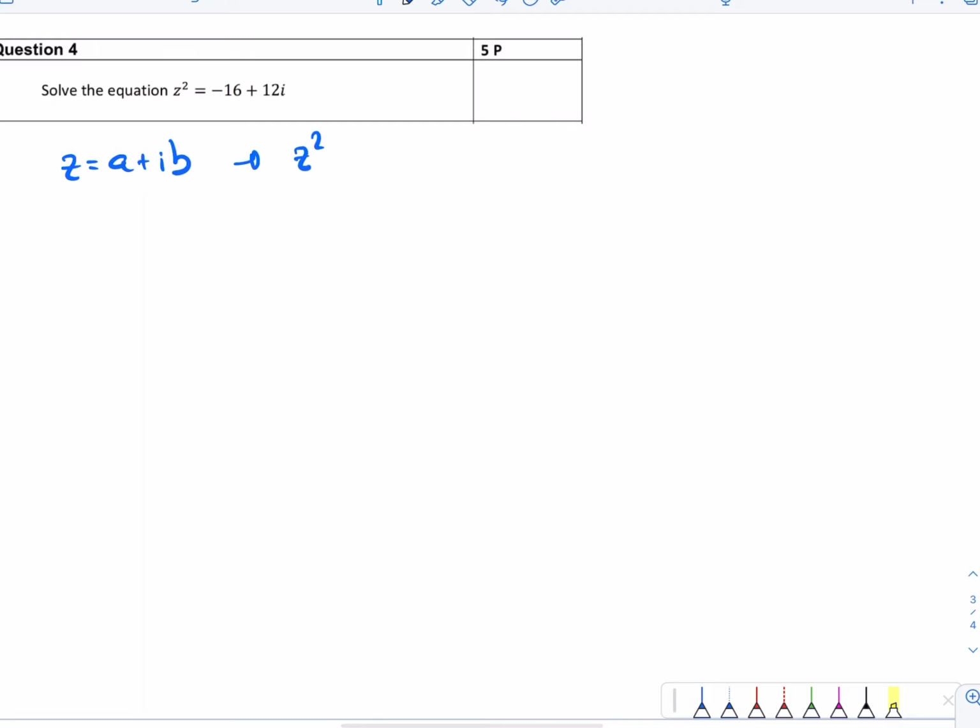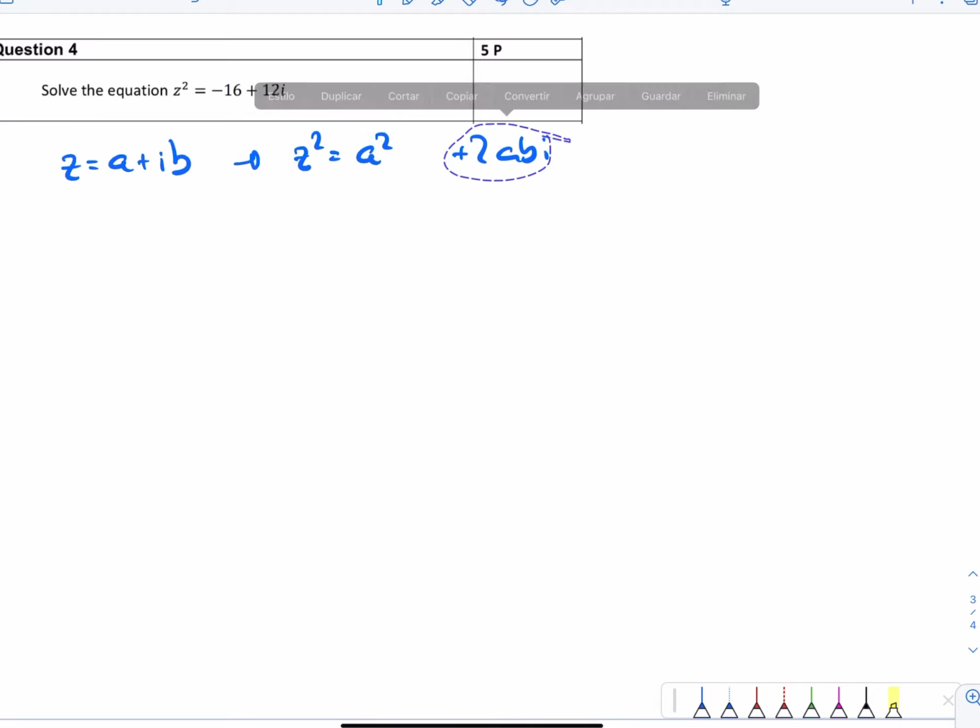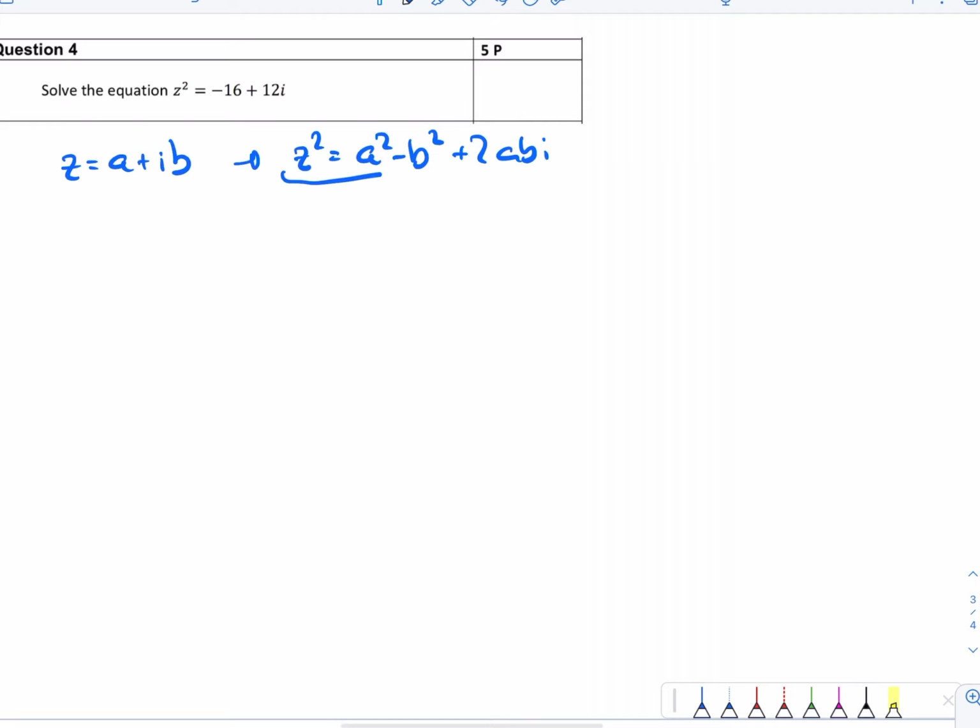Then z squared is a plus ib times a plus ib, which means a squared plus 2abi. Then we need to do plus ib squared. Plus ib squared is going to be plus i squared times b squared, so minus b squared. Good. Once we've got this structure, we need to identify that structure with the complex number that we are given.